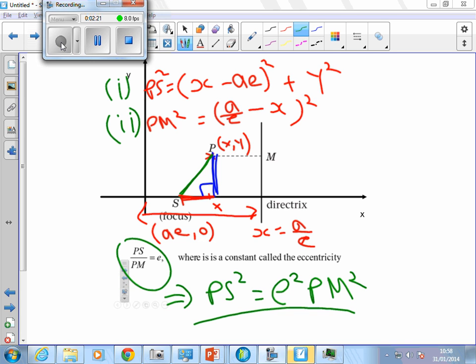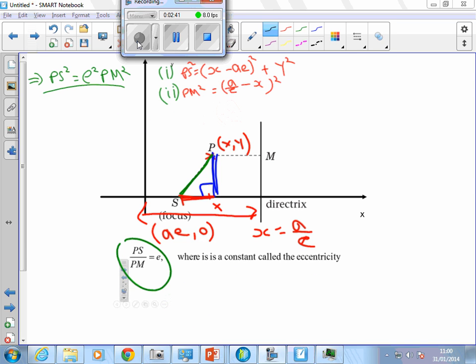And we can have a relationship exclusively in terms of x, y, a, and e. So we sub that in. We can say PS squared, (x minus AE) squared plus y squared has to equal E squared bracket A over E minus x all squared.